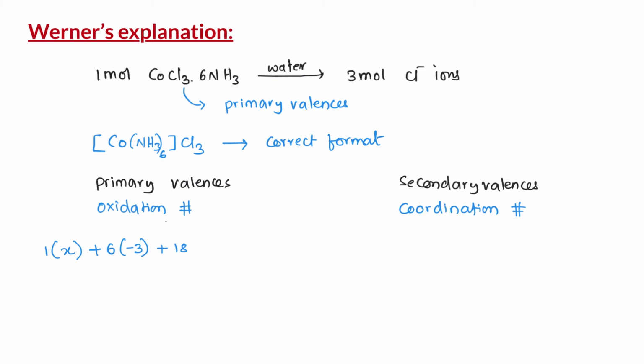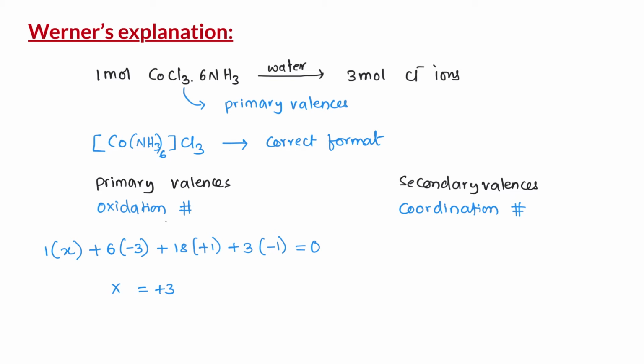When hydrogen is with non-metals, its oxidation number is +1, and then we have 3 chlorines, and chlorine's oxidation number is -1. If we add up all the oxidation numbers, we should get 0, which is the net charge on the compound. If you solve for x, we get x equals +3.